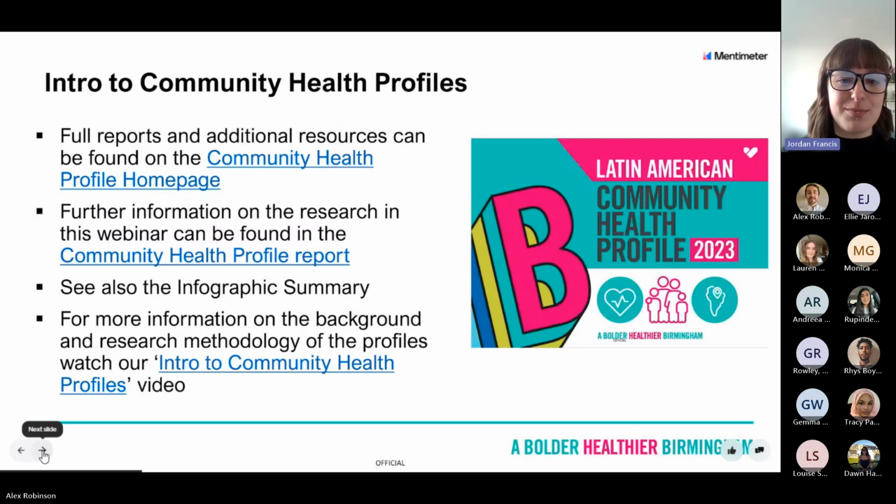There is a slight variation in the methodology based on the year that the profile was published, as we've refined this methodology over the years. So the specific methodology for each profile will be in the full report as an appendix item.